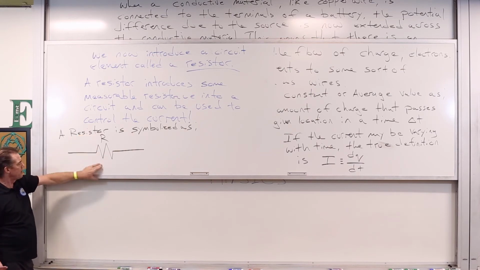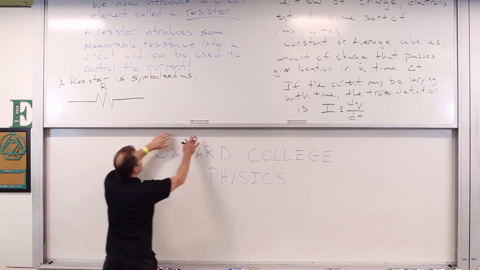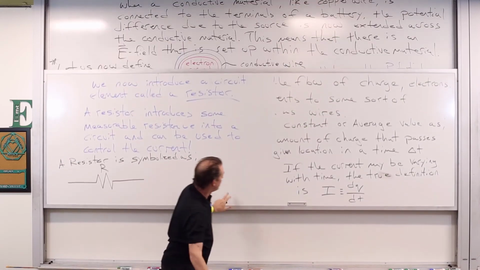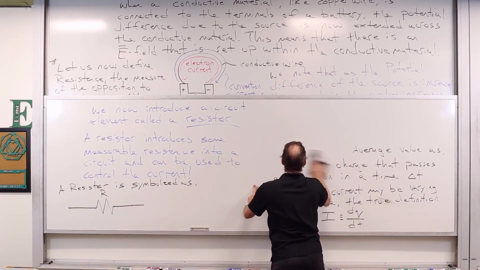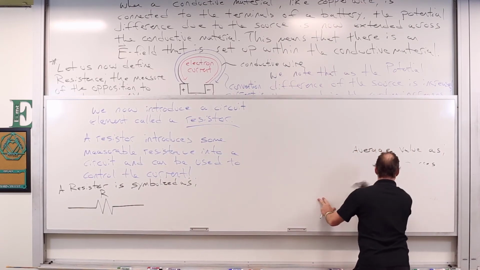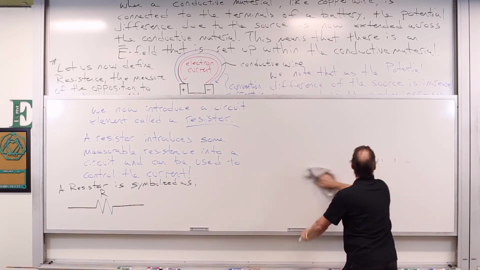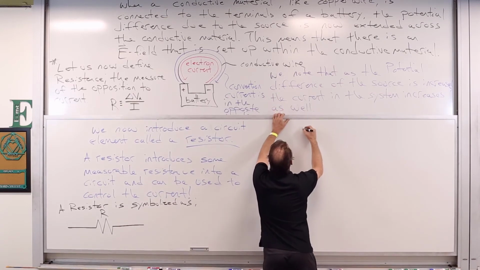So what do we do with this? Well, there's the circuit element. This is like conductive pathways. And when we stick a singular resistor into a circuit connected to some source potential, what does that look like? Circuit diagram wise, this.